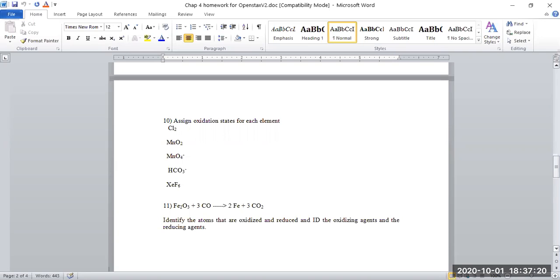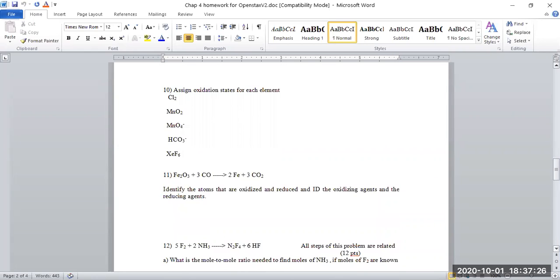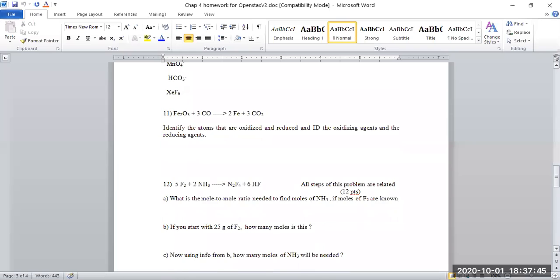For instance, HCO3 minus has 3 elements involved. Figure out what got oxidized and what got reduced, and what the oxidizing agent and the reducing agent are for the iron oxide and the CO. The one we're looking at from a stoichiometry point of view, then we're going to go back and look at it from a redox point of view.